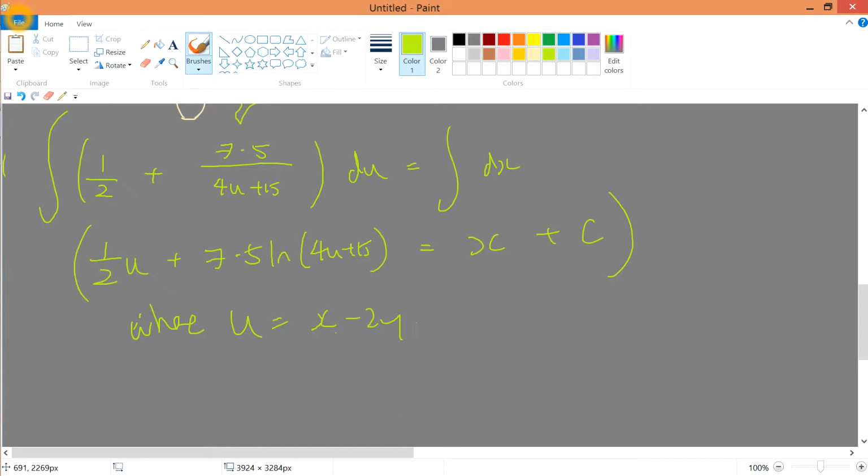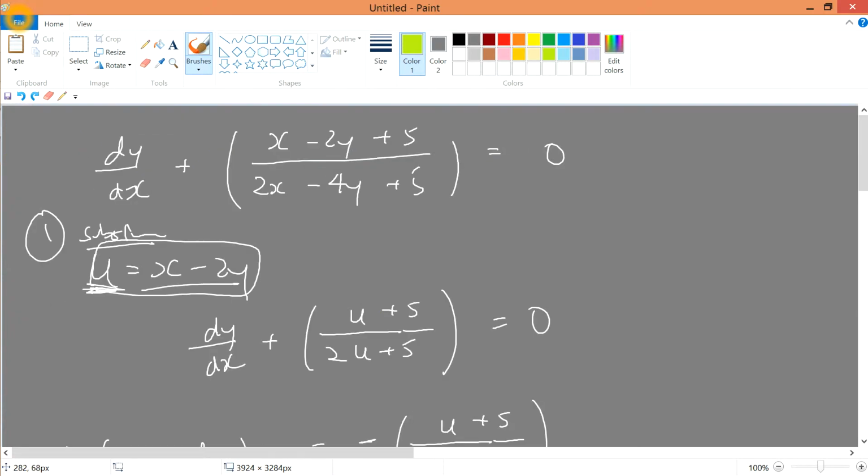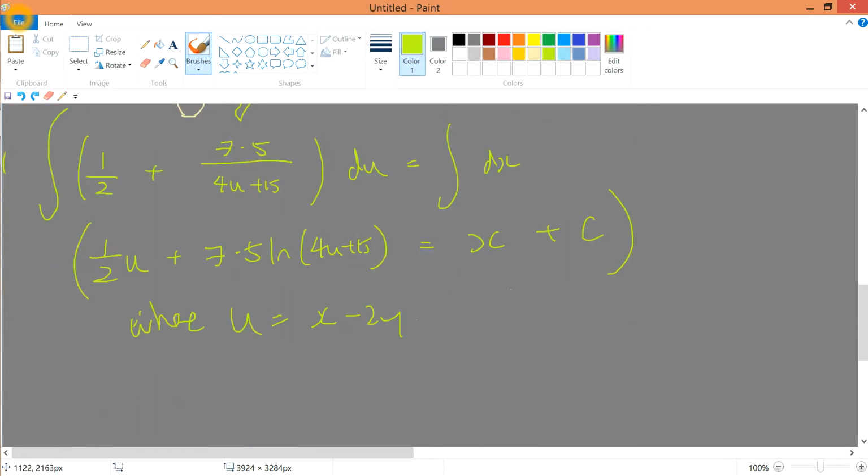Alright, because u is in terms of x and y, if you want to rearrange in terms of y, since at first it was dy/dx, if you want to rearrange y in terms of x, it's going to be very tedious. So you can just leave the answer like that, and it shall be fine. For me, it's really a hell of algebra, and therefore this should suffice.